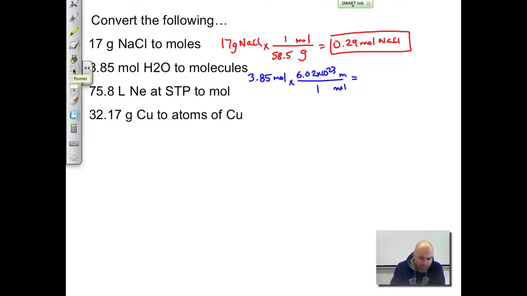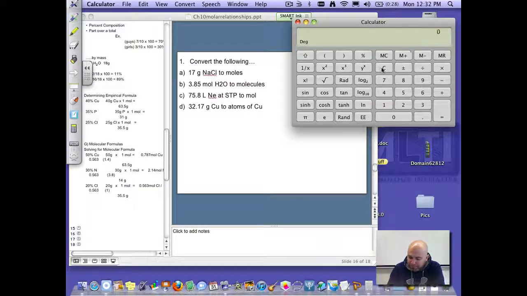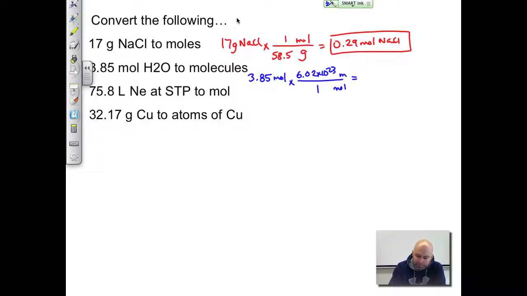Let's go ahead and do that. 3.85 times 6.02 EE 23 equals 2.32 times 10 to the 24th. 2.32 times 10 to the 24th molecules of H2O.